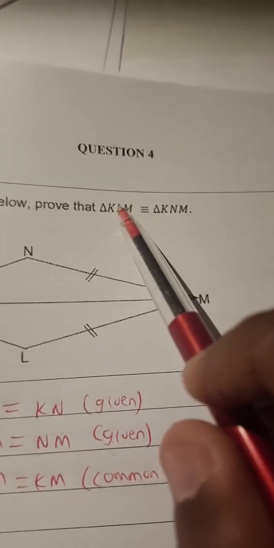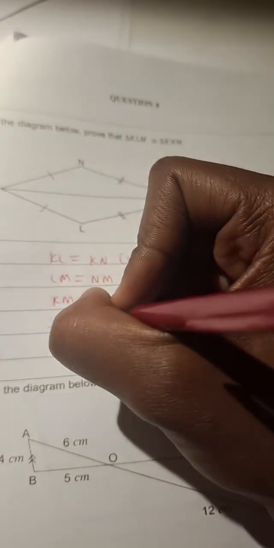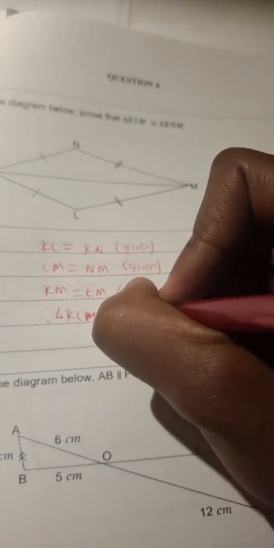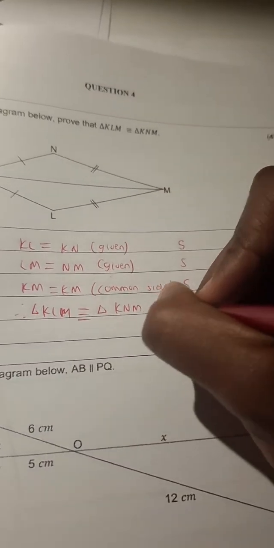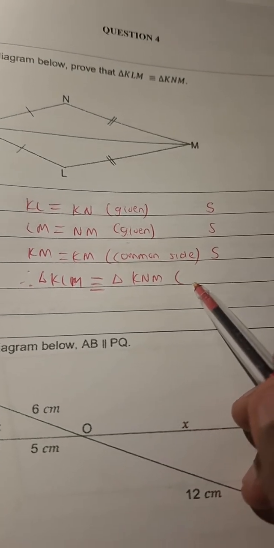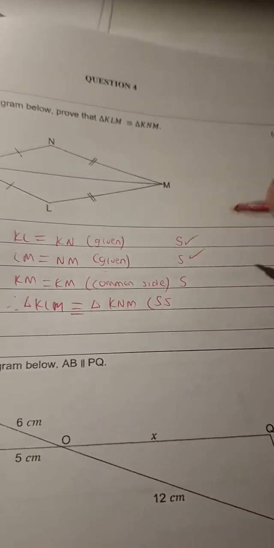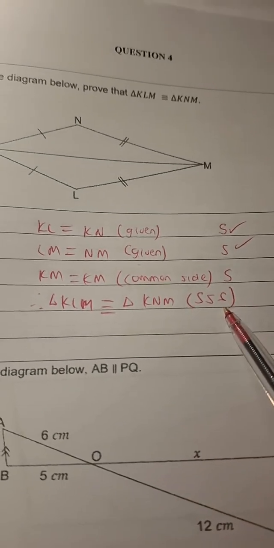Then I can go and say, therefore, triangle KLM, in the order according to what I was given, is congruent to triangle KNM. What is the case of congruency? You must write the case of congruency at the end. S, S, S. Side, side, side.